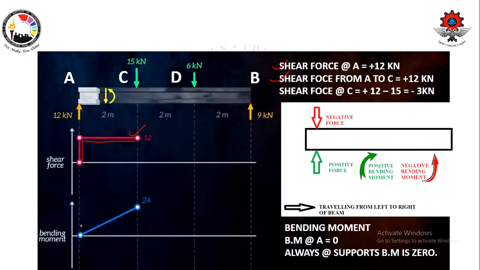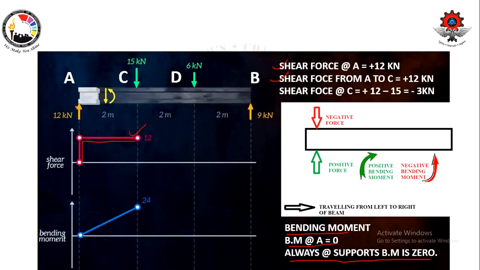Now, bending moment. How about the bending moment? Bending moment at A is equal to 0. Why? What is the reason? Support will always carry 0 bending moment.